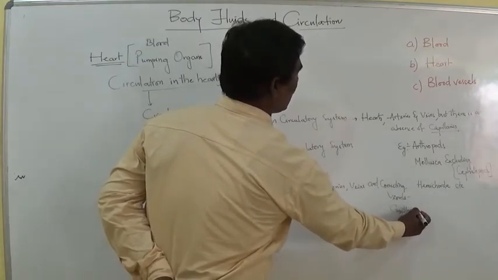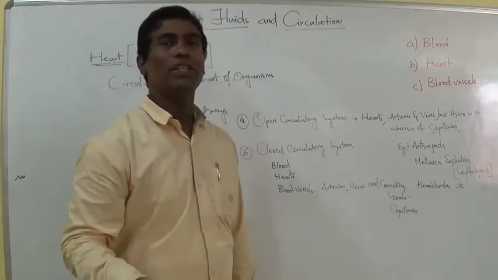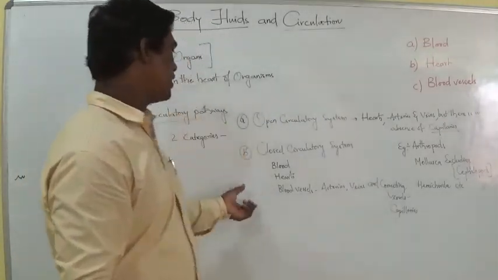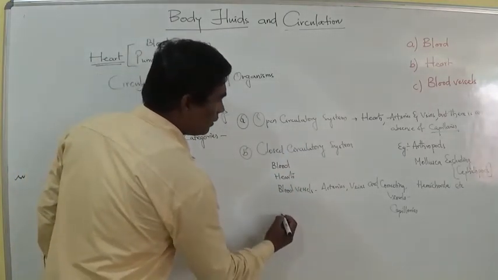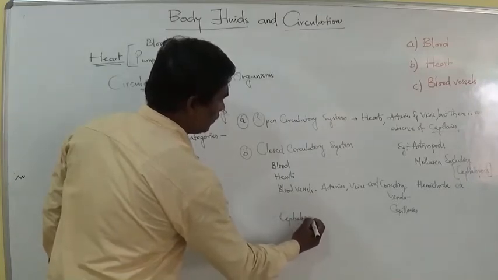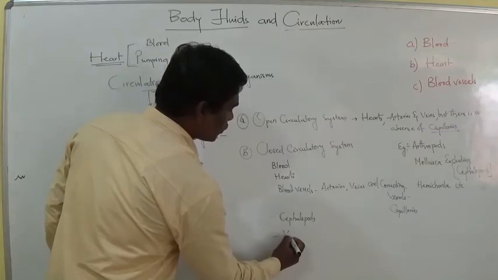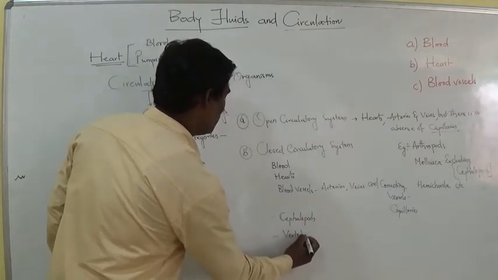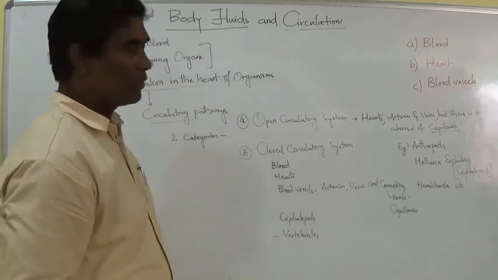That means the capillaries directly supply the blood to each and every cell of the body. That's the reason why it is called closed circulatory system, and we can see it mostly in cephalopods. We can find it mostly in vertebrates. You can find such a kind of circulatory system. Clear?